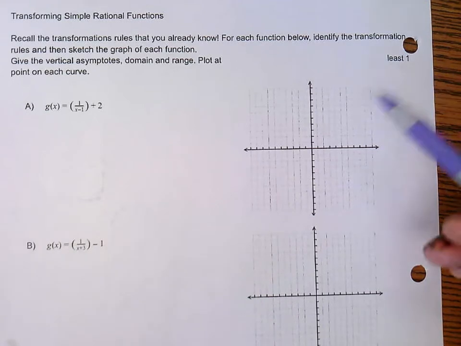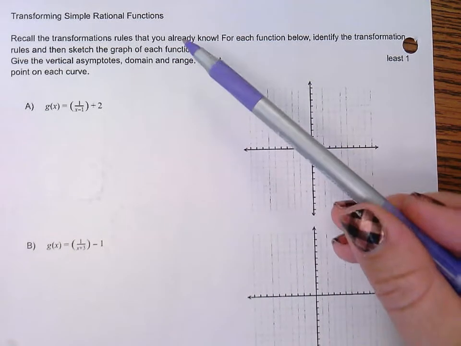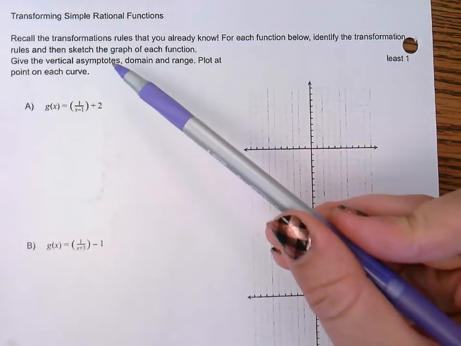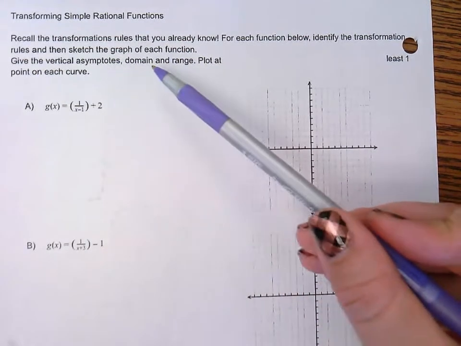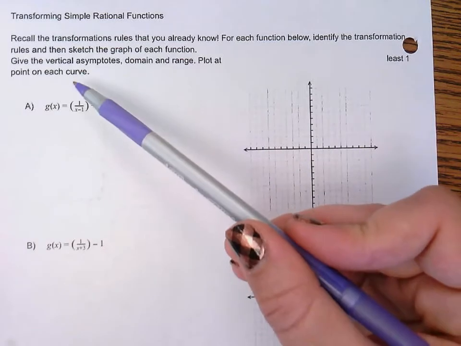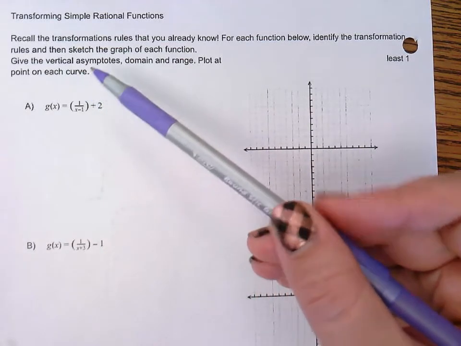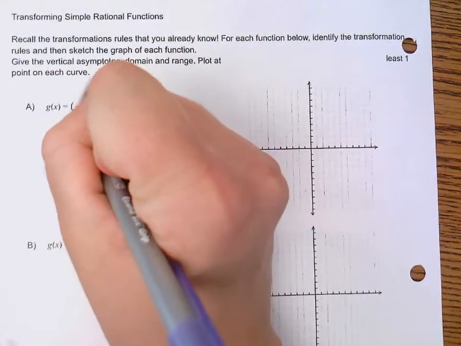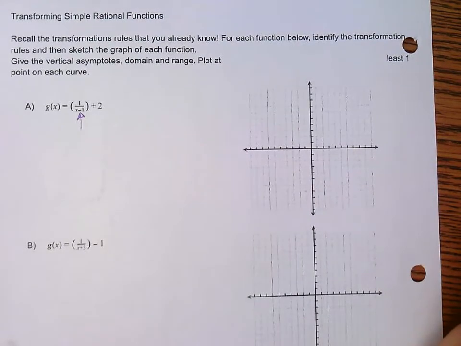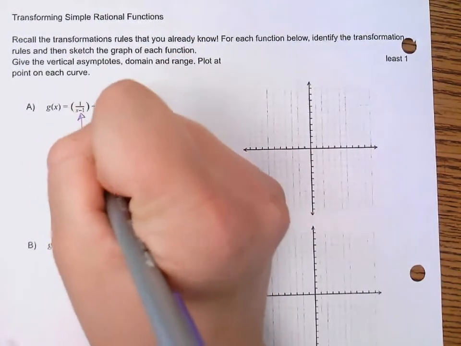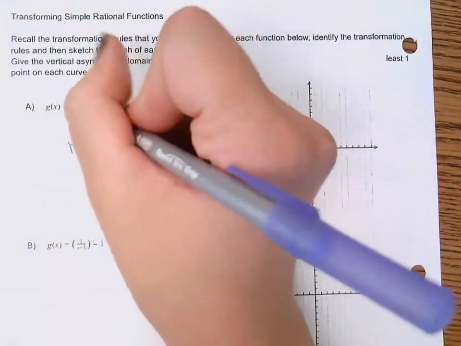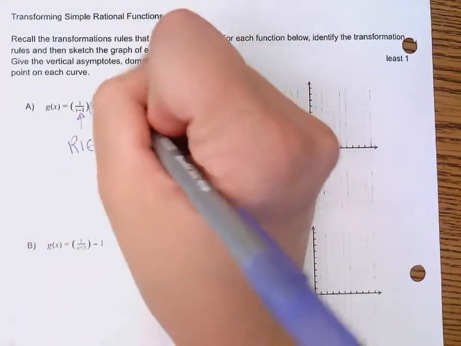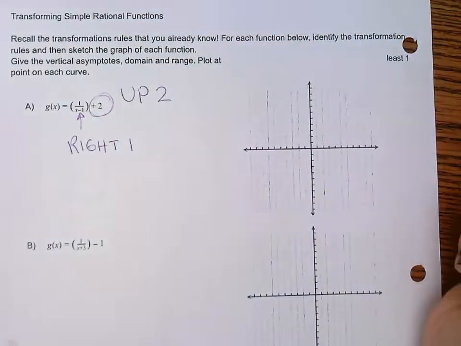All right, so transformation rules we already know. For each function, identify the transformation and sketch the graph. Give the vertical asymptotes, the domain and range, and plot at least one point on each curve. So when there's a -1 with the x value, that tells us to go right 1. When there's a plus sign outside the function, that tells us to go up 2.